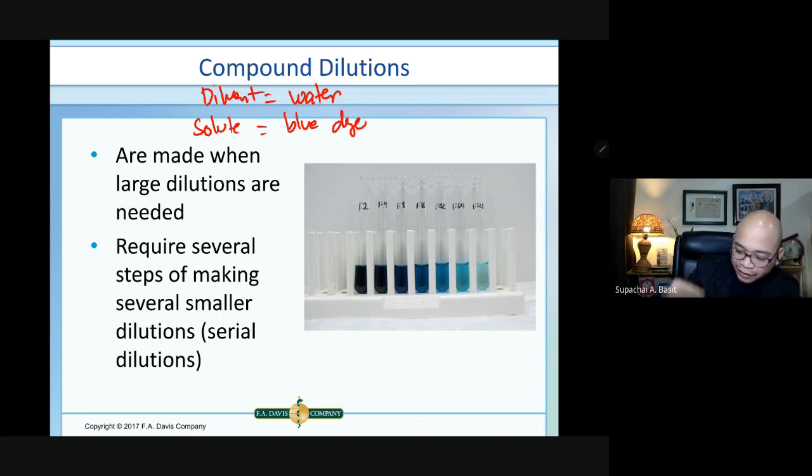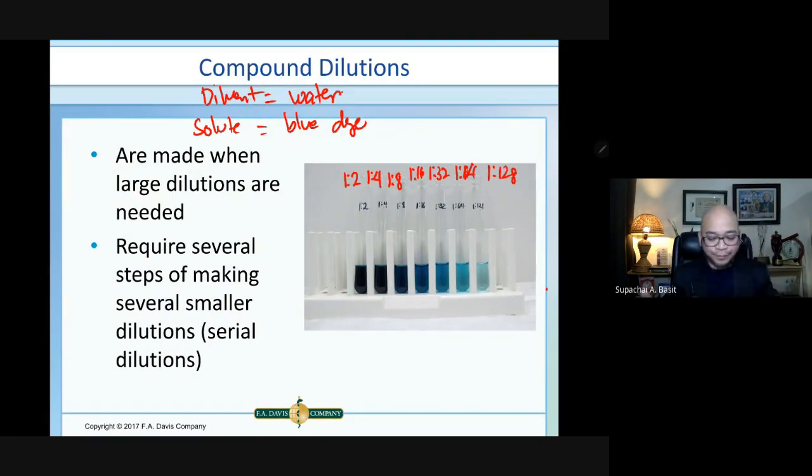So in serial dilution, we serially dilute the blue dye using water. So what can you see? The dilution here is 1:2, this one is 1:4, this one is 1:8, 1:16, 1:32, 1:64, and the last tube is 1:128.